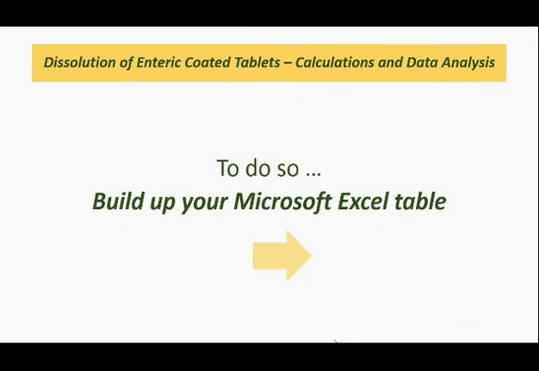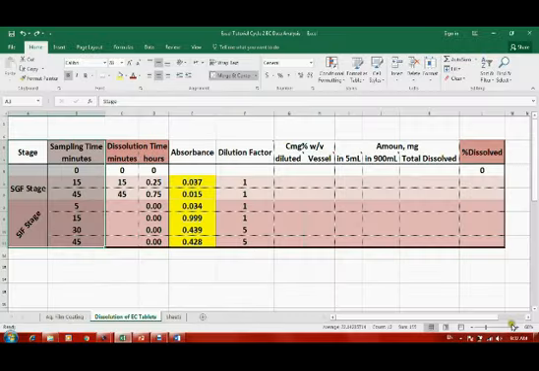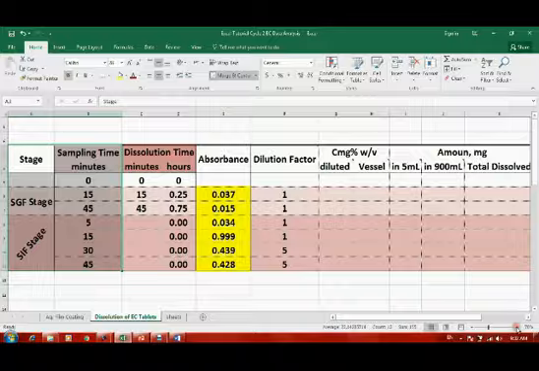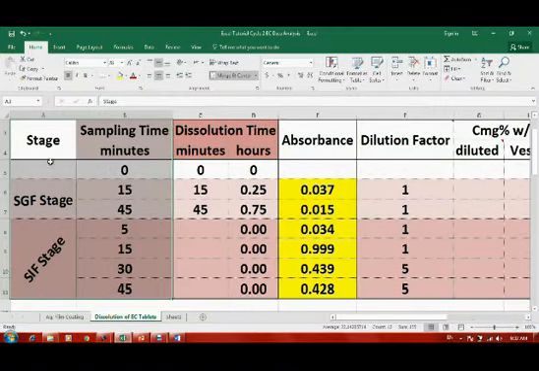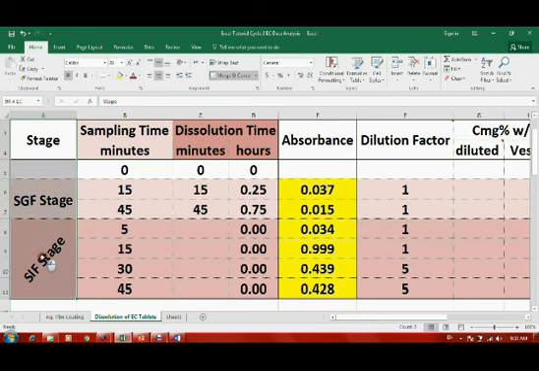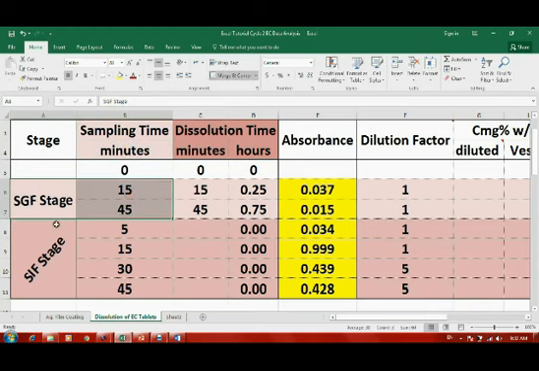To do so, we have to use our calculated numbers. First, arrange your data in a table similar to what you can see here.